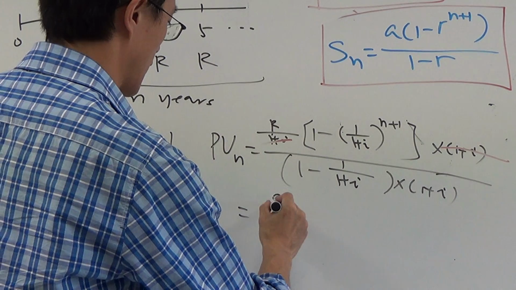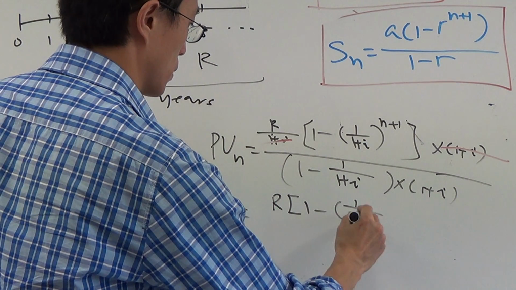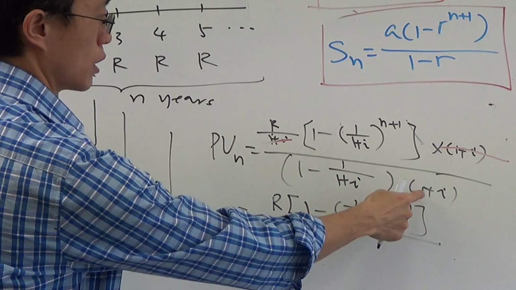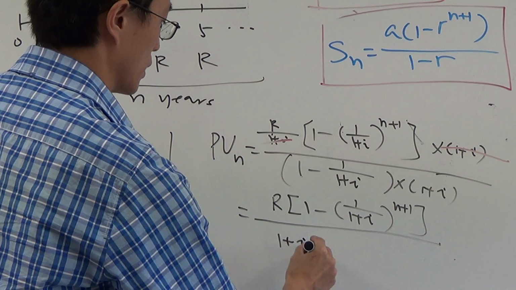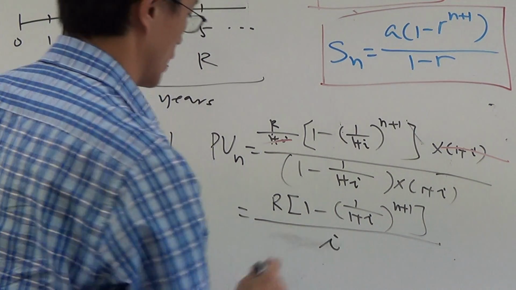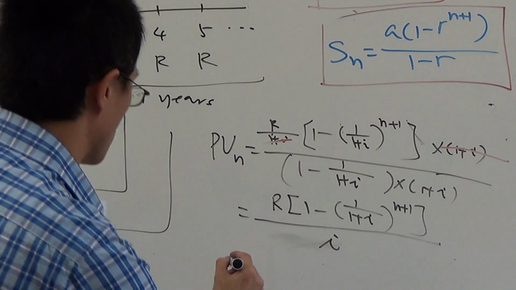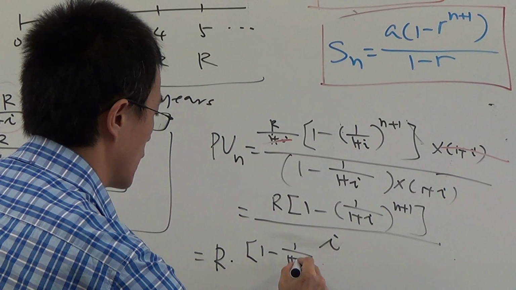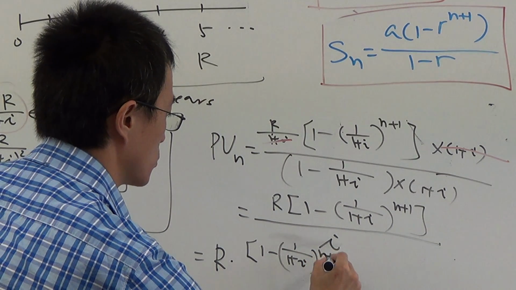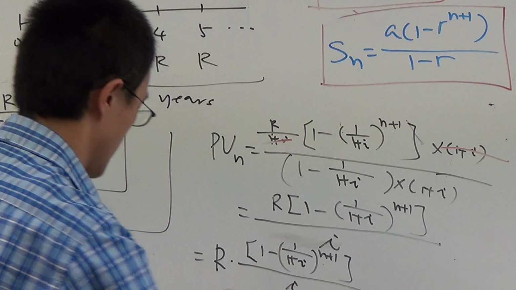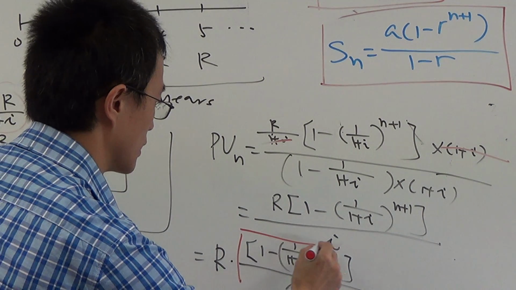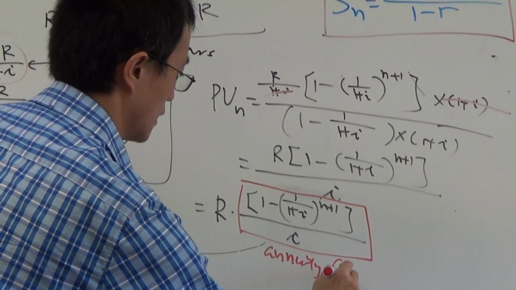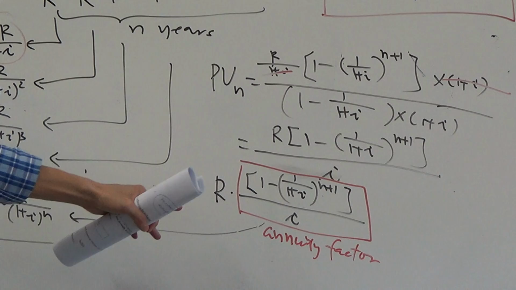So on the top we get R times 1 minus 1 over (1 plus I) to the power n, over 1 plus I minus 1, so it's just I. Or we can write it this way: R multiplied by 1 minus (1 plus I) to the power of negative n, divided by I. And we call this the annuity factor actually. Okay, that's the present value of an annuity.